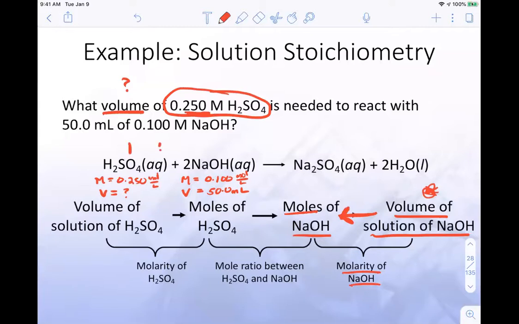From this 1:2 ratio, which comes from the mole ratio between H2SO4 and sodium hydroxide, I can figure out how many moles of H2SO4 react with the moles that are in this volume of my 0.100 molar sodium hydroxide solution. And then from that, using the molarity, I can calculate the volume of H2SO4 that I need to totally react with this amount of my sodium hydroxide.